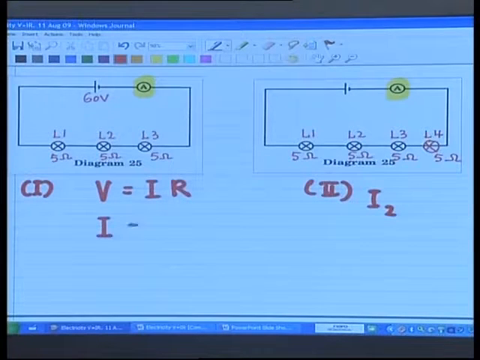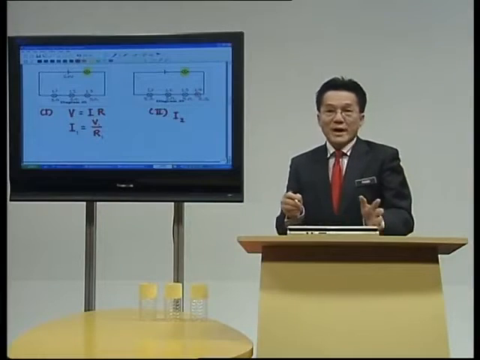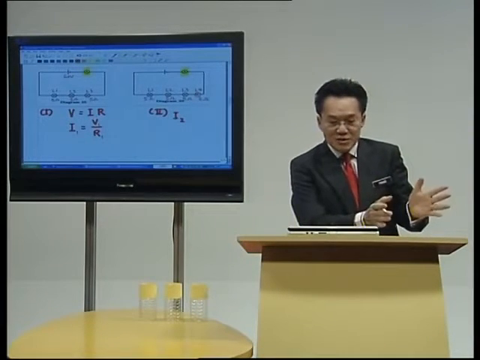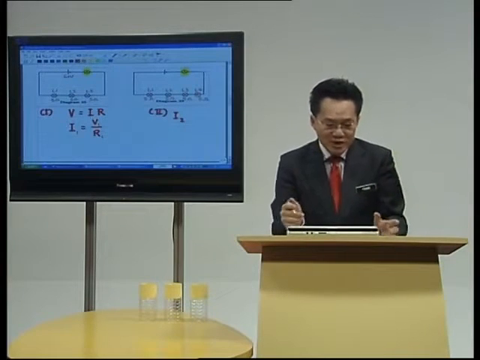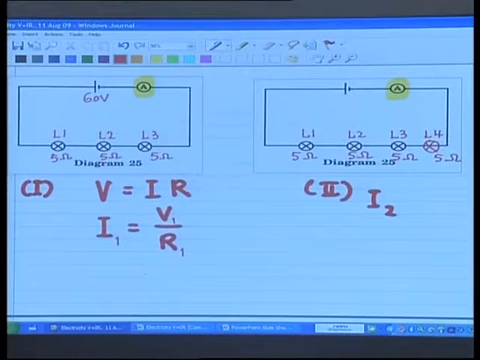Simple mathematics: I equals V over R. I'm going to write down 1 in every case because we are talking about the first episode on the left-hand side of the screen. So what is the voltage given to us? Simple. It is 60 volts.